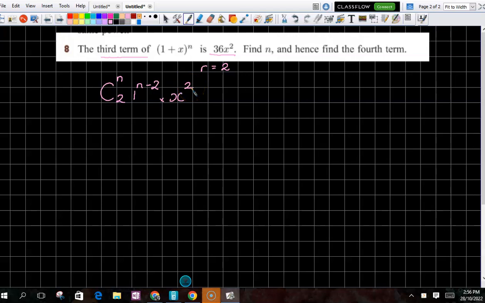All right. So this thing here, what is 1 to the power of anything? 1. So therefore we've got Cn2 x squared, and we want that to equal 36 x squared. In other words, we want Cn2 to be 36.